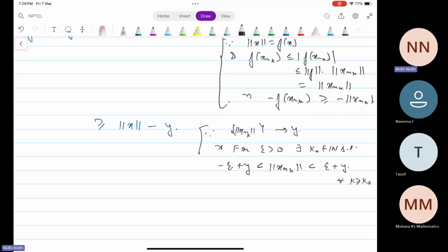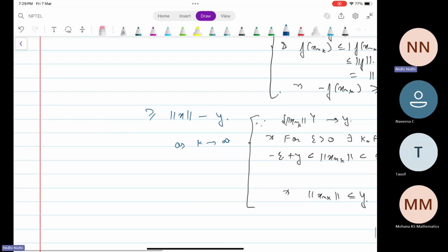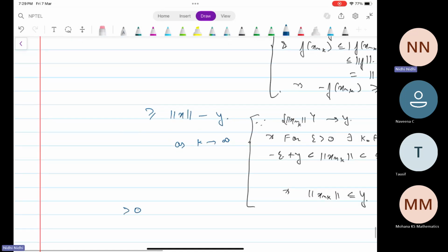And since epsilon positive is arbitrary, we get norm xnk less than or equal to y as k tends to infinity. And norm x minus y is strictly positive because we had taken y to be strictly less than norm x.